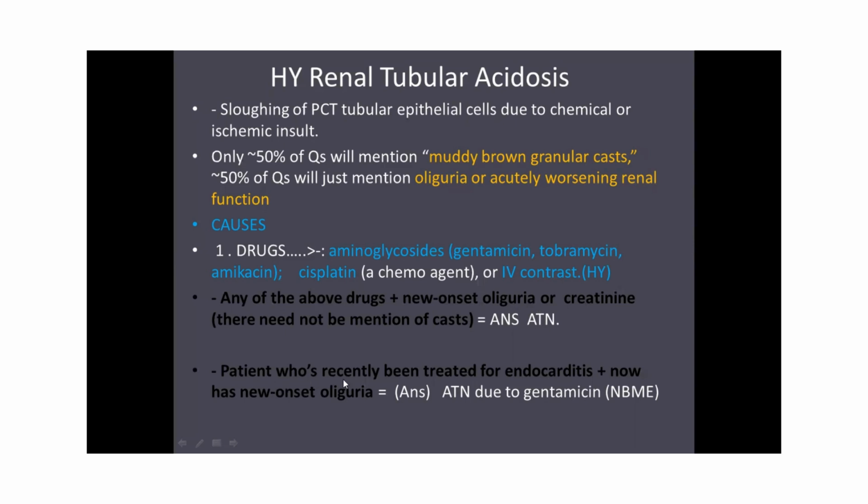For a patient who was recently treated for endocarditis and has new onset oligouria, the answer will be acute tubular necrosis due to gentamicin.